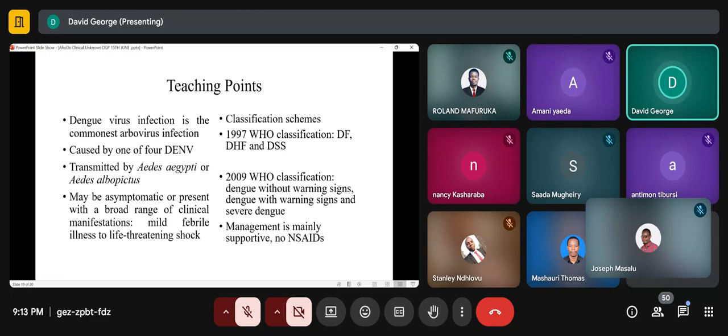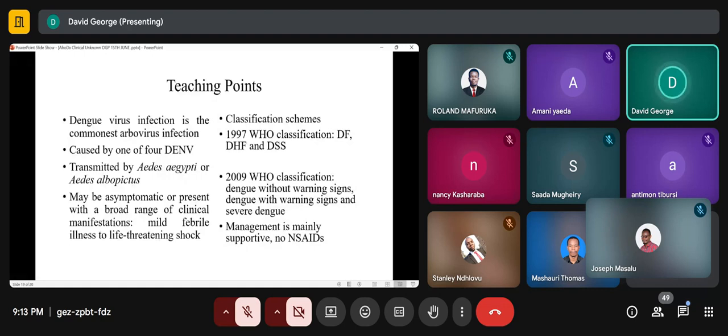And there are 2 classification systems, the commonest ones. The first is the 1997 WHO classification, which classified dengue as dengue fever, dengue hemorrhagic fever, and dengue shock syndrome.